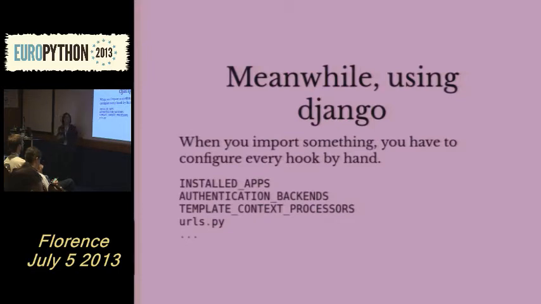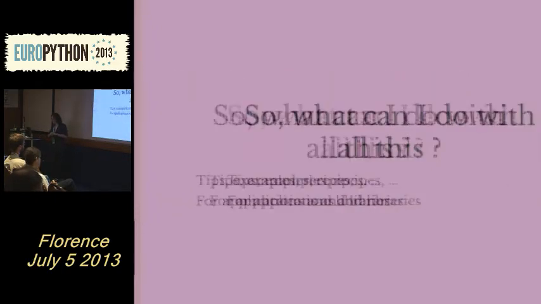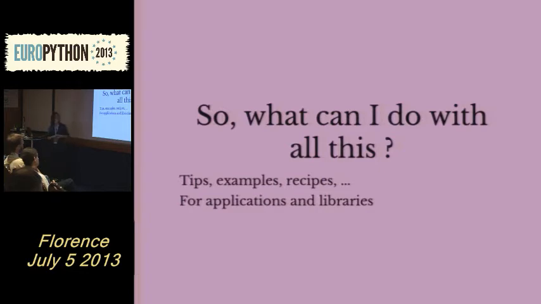I have to add some stuff to my urls.py. I have to handle all the entry points of the hook by hand. So there won't be any conflicts because I'm the one writing the configuration file and adding everything by hand, but it can be tedious. Just for the comparison, Pyramid enables you to just write one line and import everything without having to handle it all. So what can I do with all this?